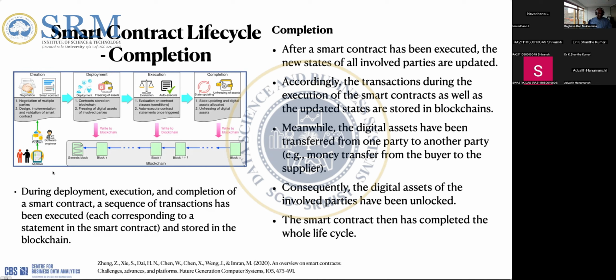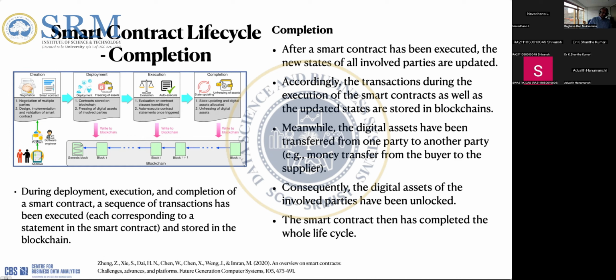But in this case, you can see here, we use a public blockchain as a database to store information. And what information is that? In the form of transactions and things like that. But this is a global state, right? So everybody can see it. And all these transactions generated at the deployment stage, execution stage, completion stage, at different stages are replicated across different nodes.